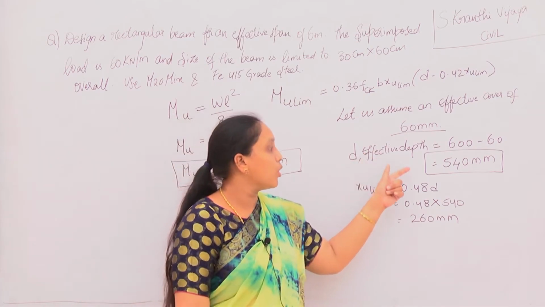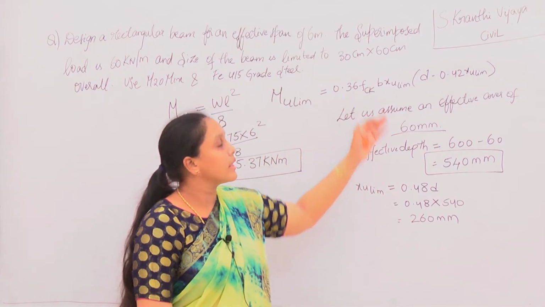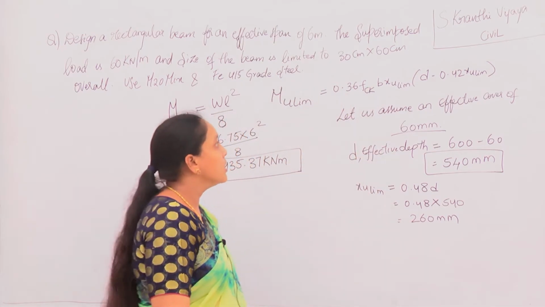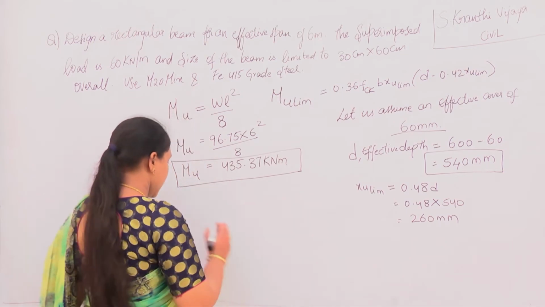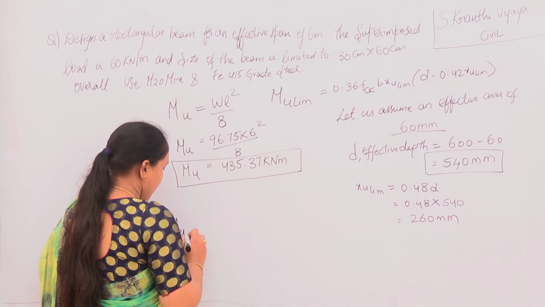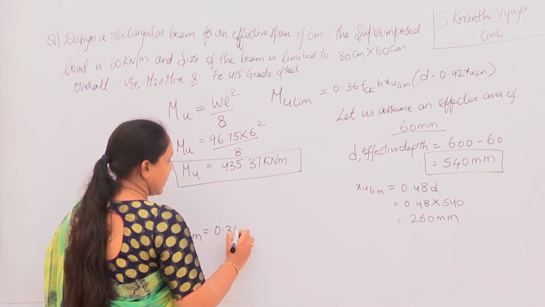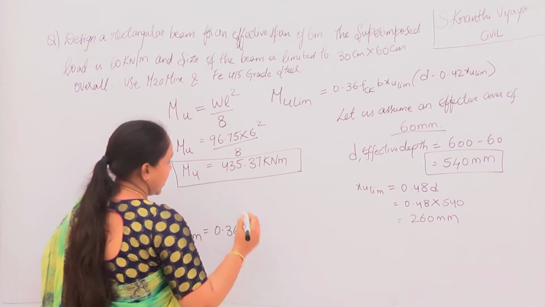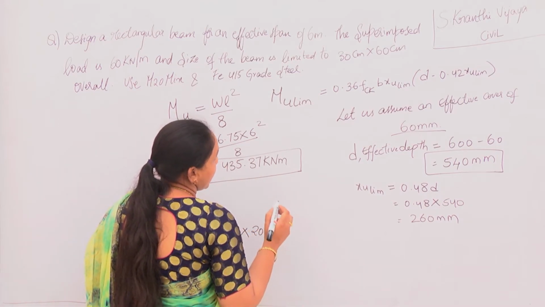Now substitute both the D as well as the XU limit values in this particular equation so that you get the limiting moment of resistance. MU limit will be equal to 0.36 into FCK, which is 20, into B. How much is B?